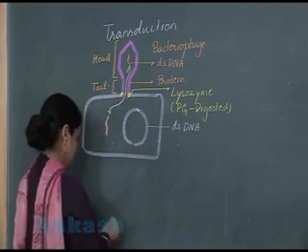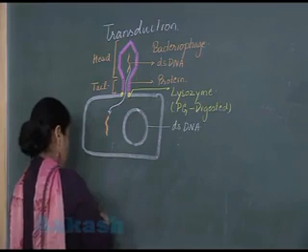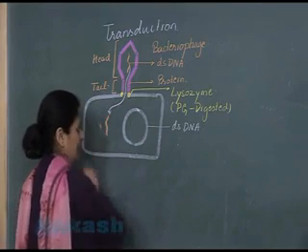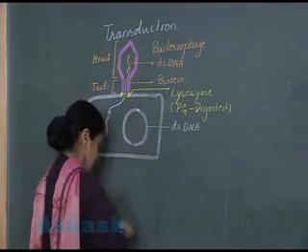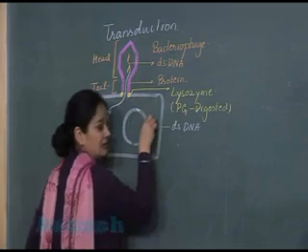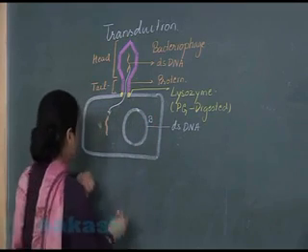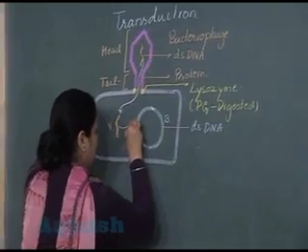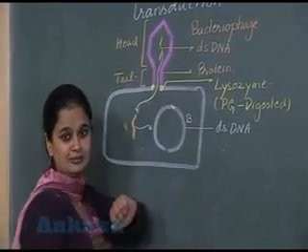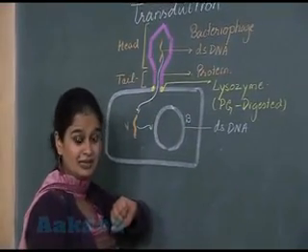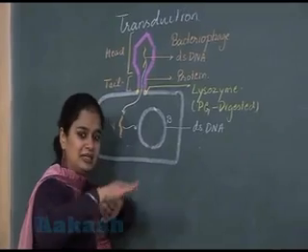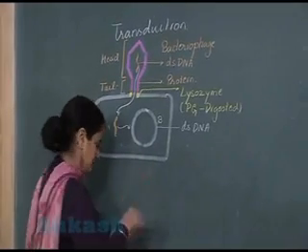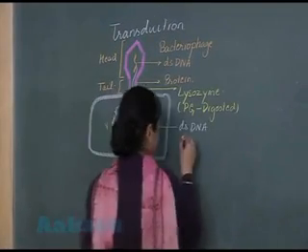So what is this? This is virus DNA and this one is representing bacterial DNA. Now this virus DNA will integrate itself in bacterial DNA. ये जो वायरस का डीएनए है, ये बैक्टीरियल डीएनए के अंदर इंटीग्रेट हो जाएगा, like this.